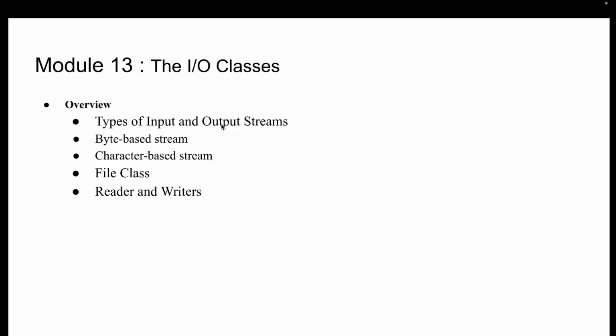What I mean by input and output is, suppose let's take an example like you have a hard drive or a floppy drive. That drive contains some data, and you need to read from the data, or you want to write some data to that drive. Similarly, you have a monitor, so you want to display some information on that monitor. So these are examples of input and output operations.